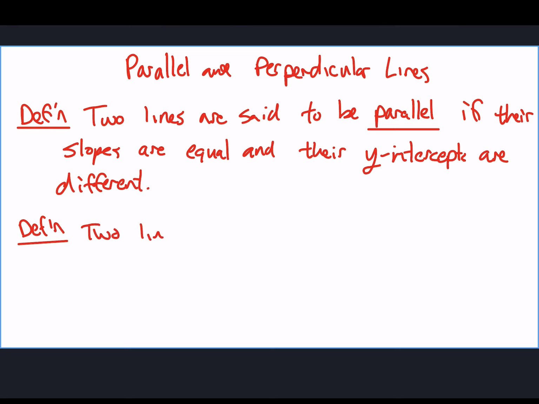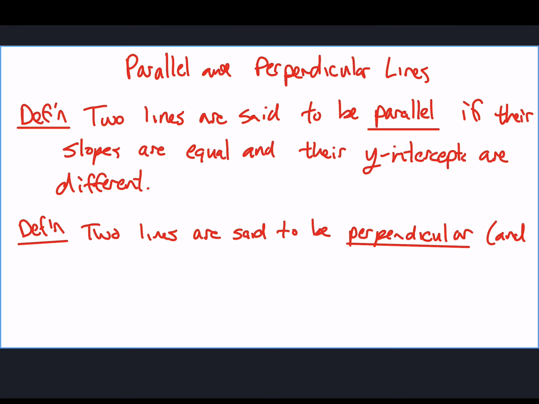Two lines are said to be perpendicular, and being perpendicular means that they intersect at a 90-degree angle, if the product of their slopes, m1 times m2, is equal to -1.